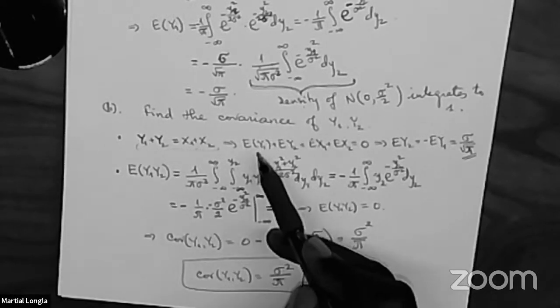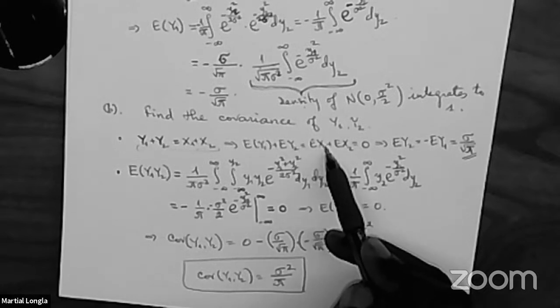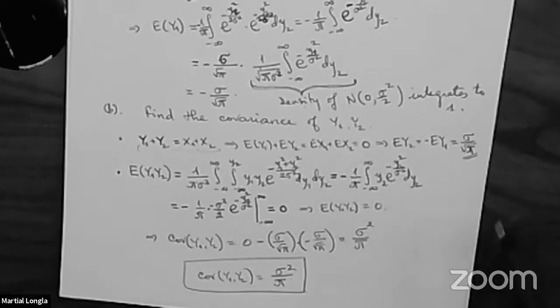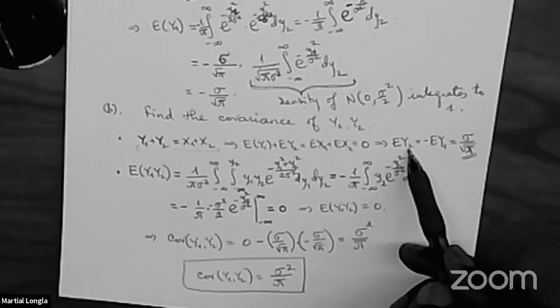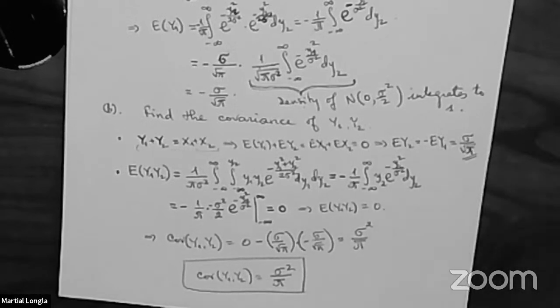So the expected value of y1 plus expected value of y2 is actually expected value of x1 plus expected value of x2. And they all come from normal distribution with mean 0, so this is 0. And therefore, the expected value of y2 is the opposite of the expected value of y1, which is sigma over root pi. No computations.